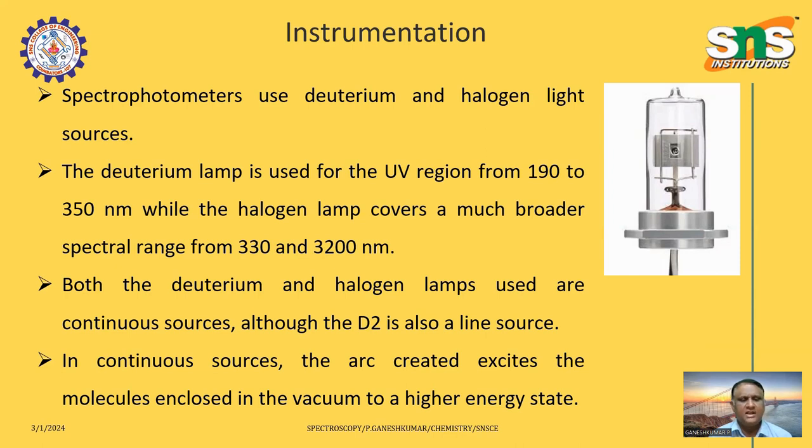Both the deuterium and halogen lamps used are continuous sources. In the D2, that is deuterium lamp, the arc created excites the molecules enclosed in the vacuum to higher energy states. So considering these two, deuterium will be a better option.